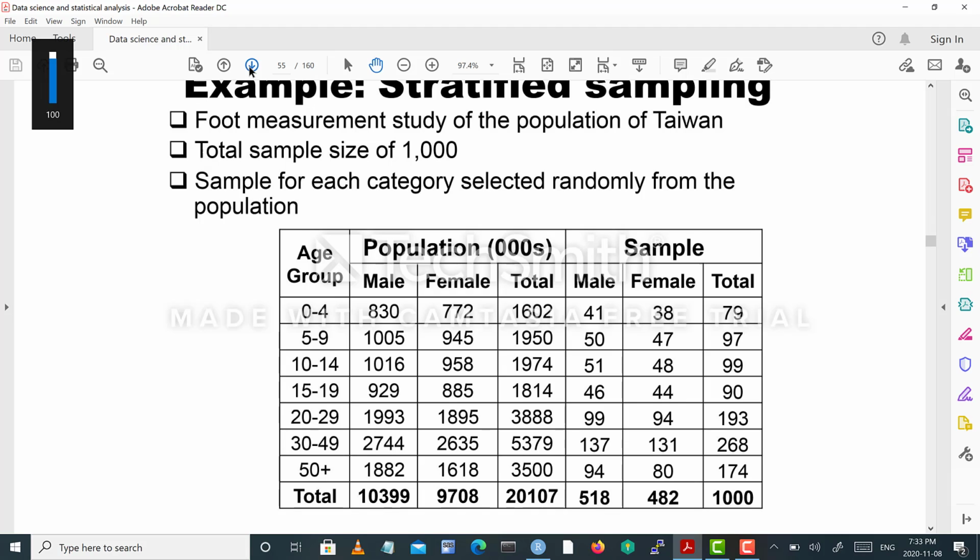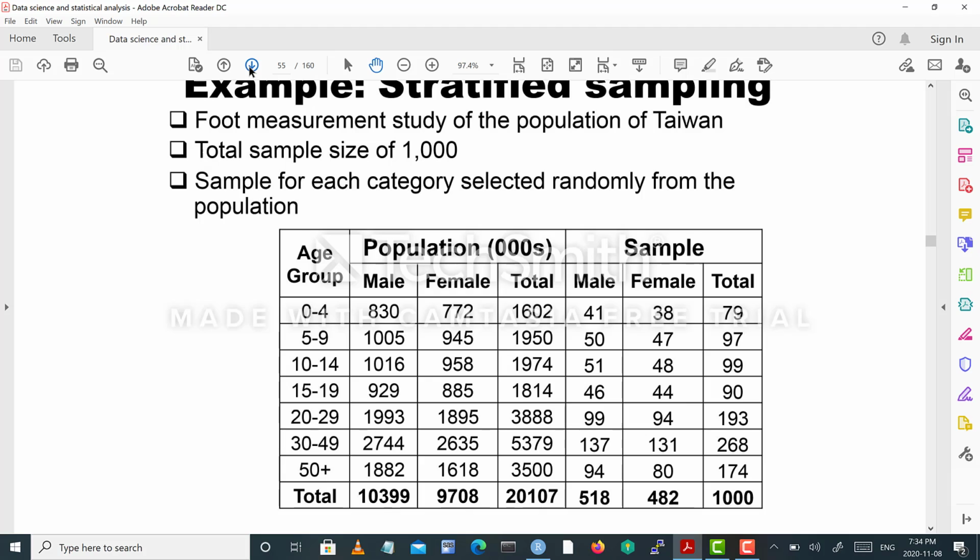First, we divided by age group, ages 0 to 4, consisting of 830 male and 772 female. From this, we randomly selected 41 male and 38 female.